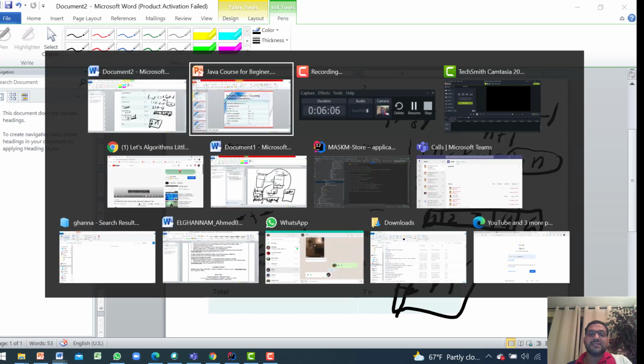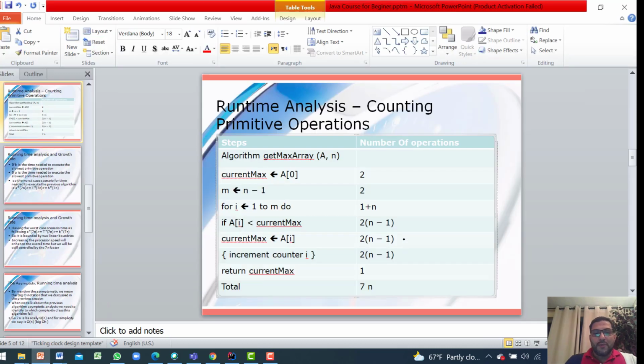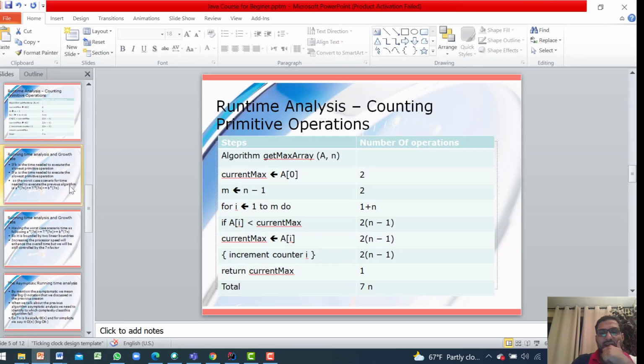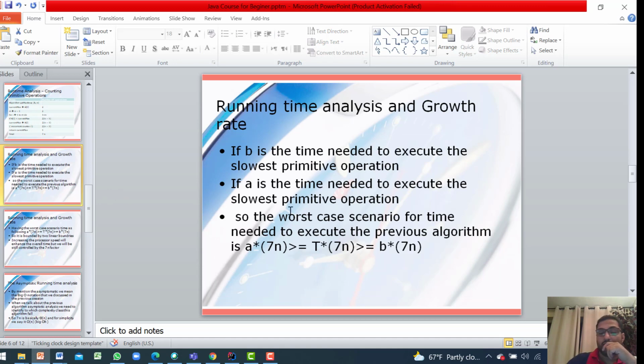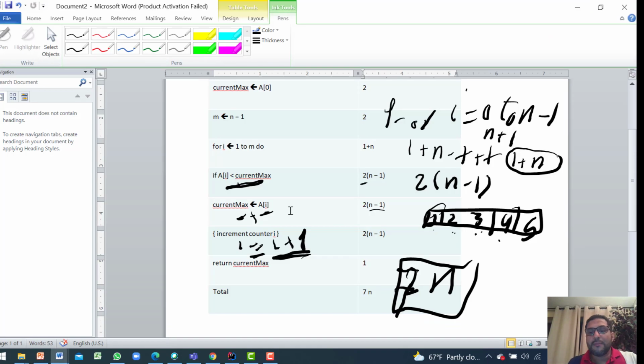Okay, let's go back to talk about our assumptions. So now I'm talking about the timing, but what I did is basically counting the number of operations. How am I going to relate this to timing?